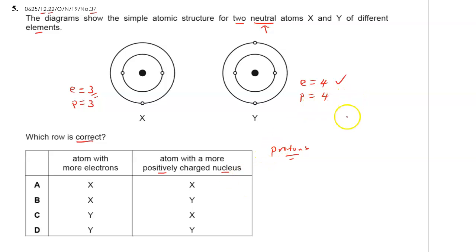Positivity is due to protons, as we have said. Y has 4 protons, as compared to 3 protons in X. Therefore Y has a more positively charged nucleus, meaning the answer is D right there.